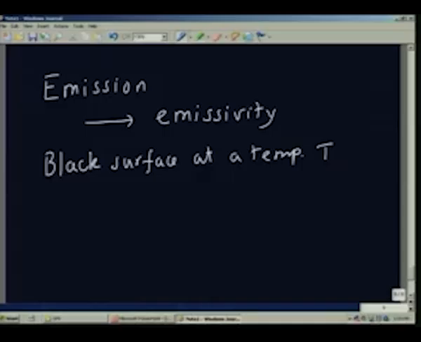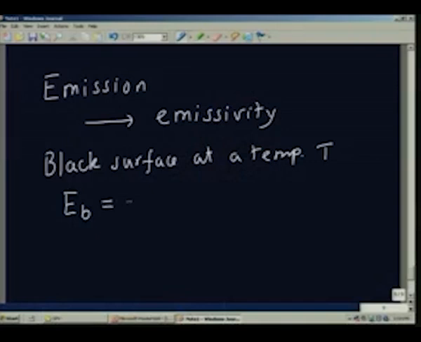Suppose we have a black surface at temperature T, it emits Eb equal to sigma T to the power of 4. The total amount of radiation leaving the black surface per unit area is simply given by sigma T to the power of 4, where sigma is the Stefan Boltzmann constant and T is the absolute temperature of the surface.